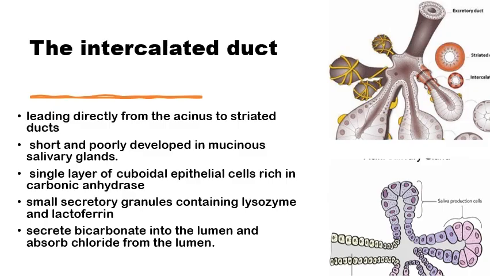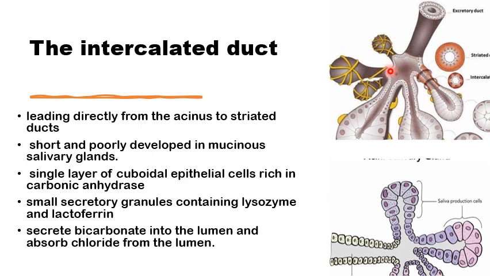The first of the 3 parts of the duct system is the intercalated duct. These are the short ducts leading directly from the acinus into the remaining part of the duct system. So this is the initial part of the duct system, still surrounded by the myoepithelial cells in order to squeeze the initial saliva into the remaining part of the duct system.